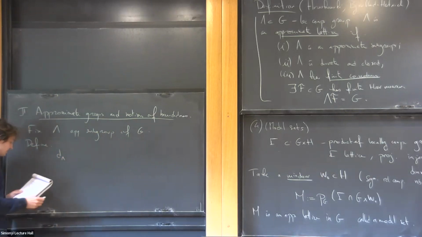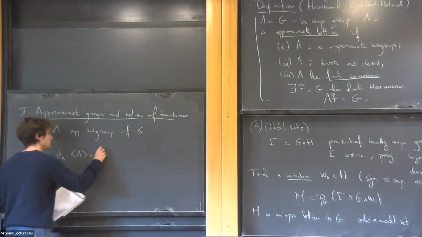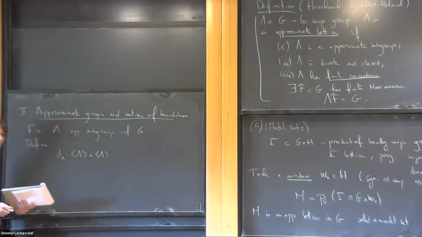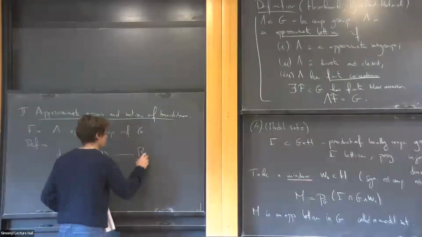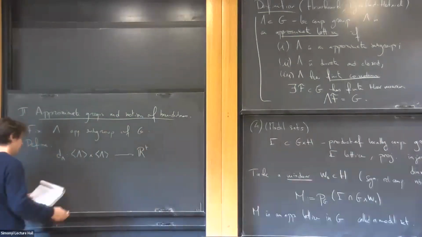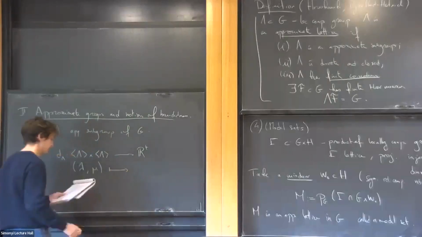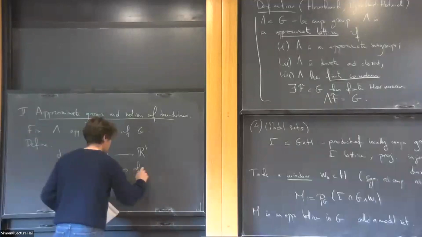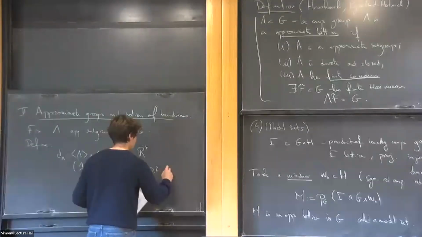You could define a distance on the group generated by lambda that is just going to be the word metric with respect to lambda. Okay, so let's define it simply like that. It takes lambda mu and sends it to, well, I said it's the word metric, so simply to that.